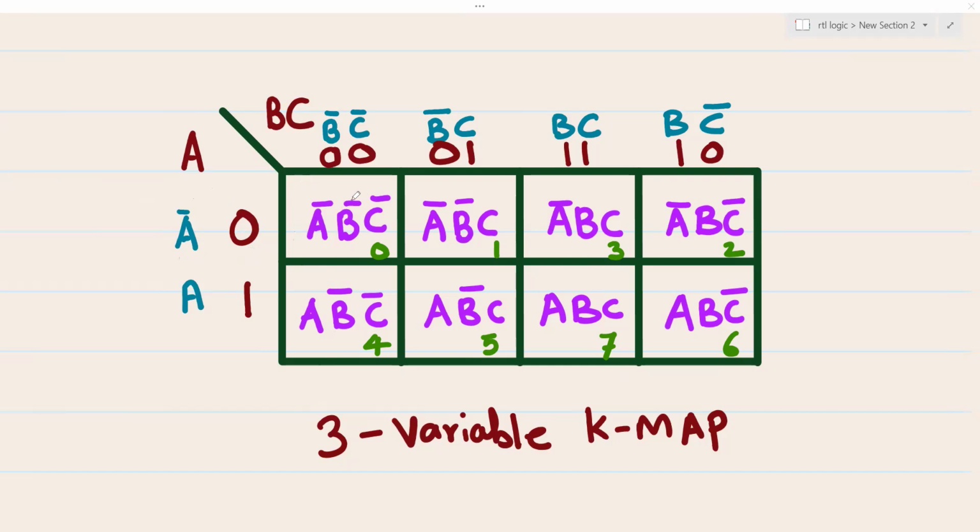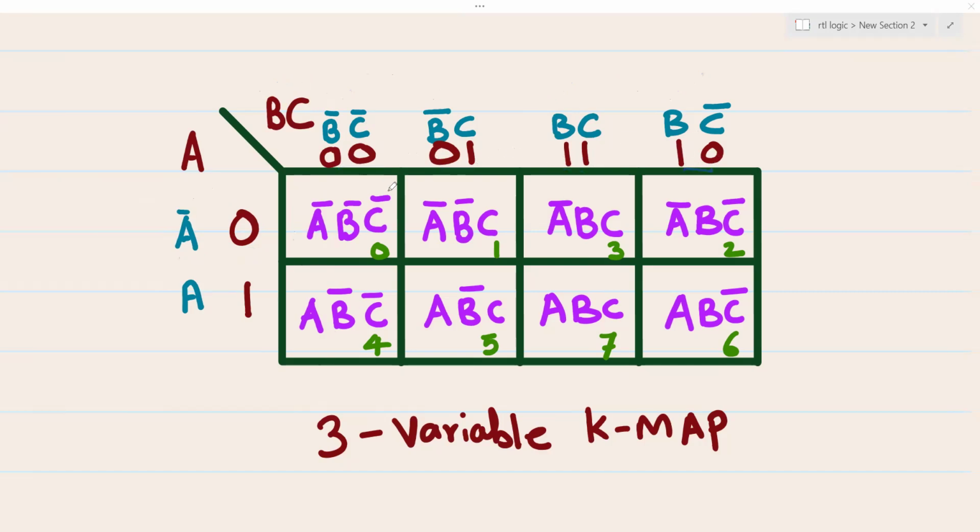Now, there are four columns: 1, 2, 3, 4. And here you have in each column the variables B and C having the combinations such as 00, 01, 11, and 10.